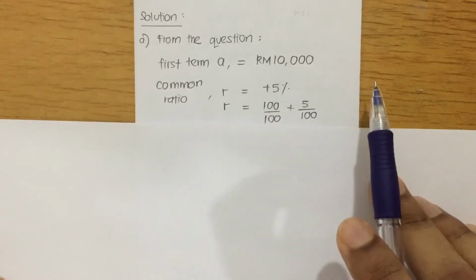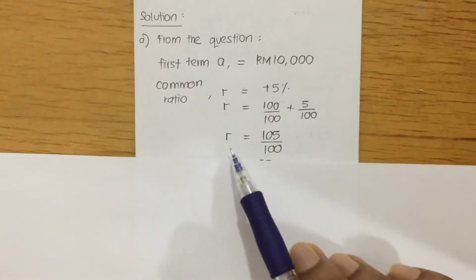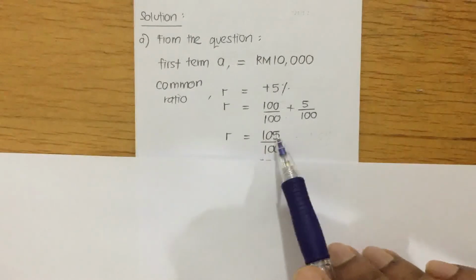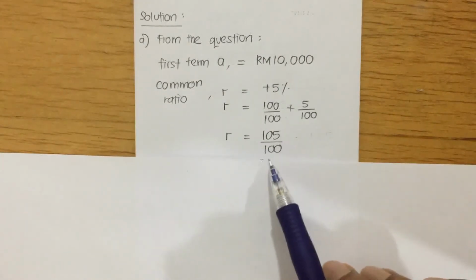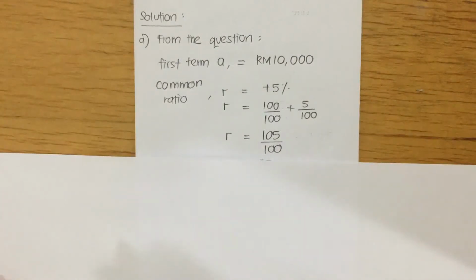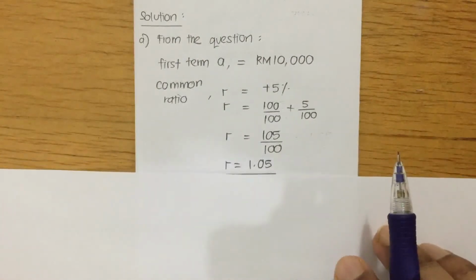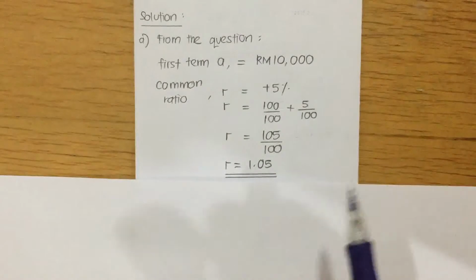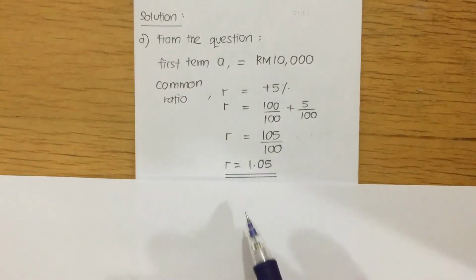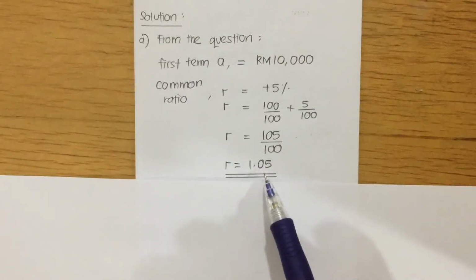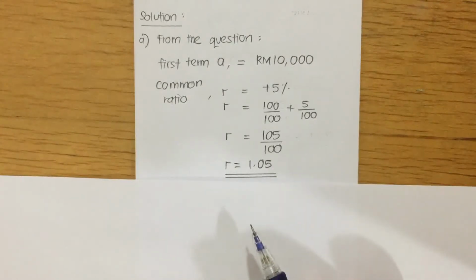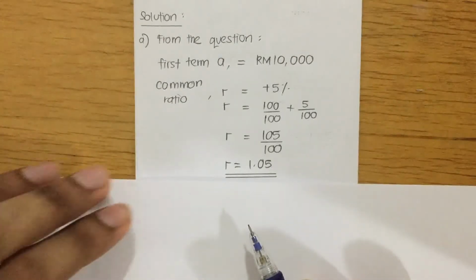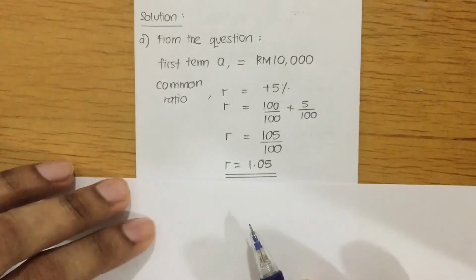So from here you get your common ratio r is equals to 105 over 100. You divide 105 by 100, you should get your common ratio r is equals to 1.05. So this is your answer, guys. Common ratio r is equals to 1.05, and this is the common ratio for this question. Let us proceed to the question part B now.